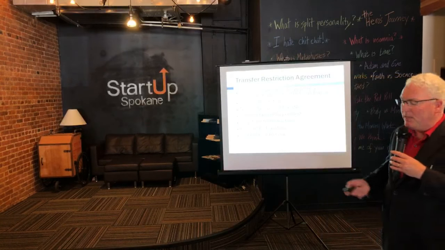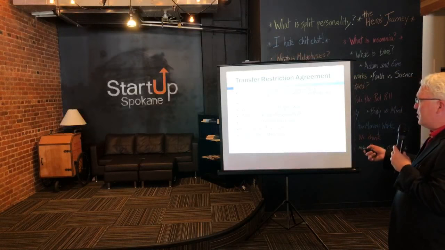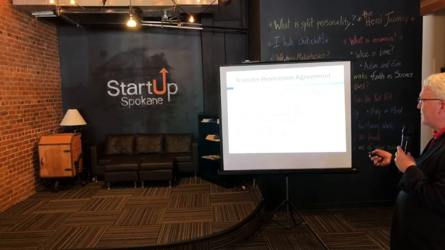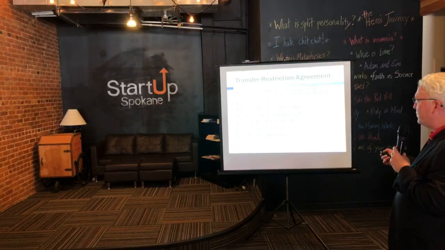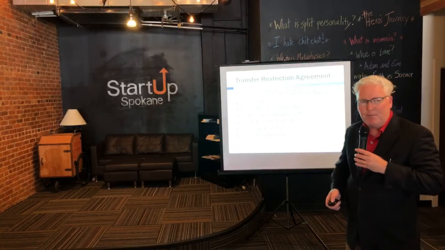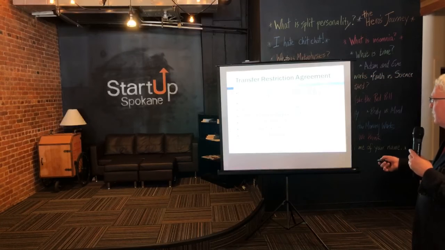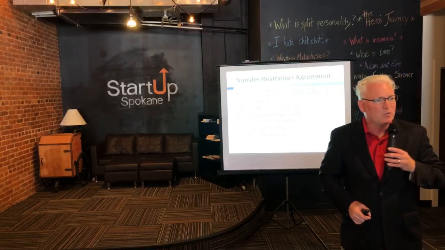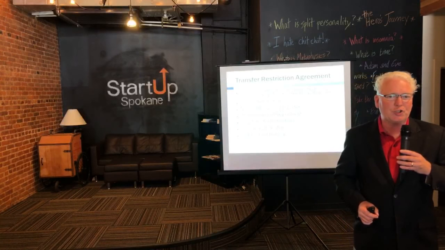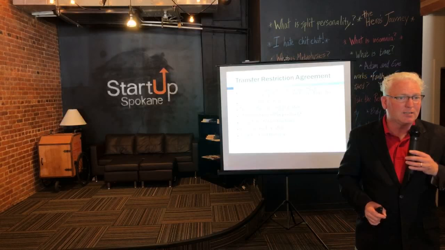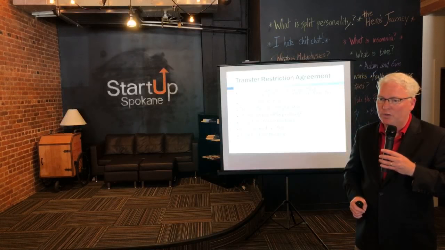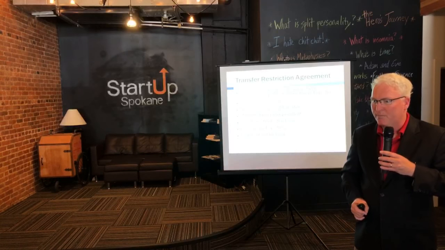But generally speaking, the restrictions are that you can't sell the stock unless you give notice of the proposed transfer to the company, and then the company has a right of first refusal to purchase that stock. That's one of the ways that a company will ensure that it remains closely held and that it has some say in who the shareholders are that it has to deal with.